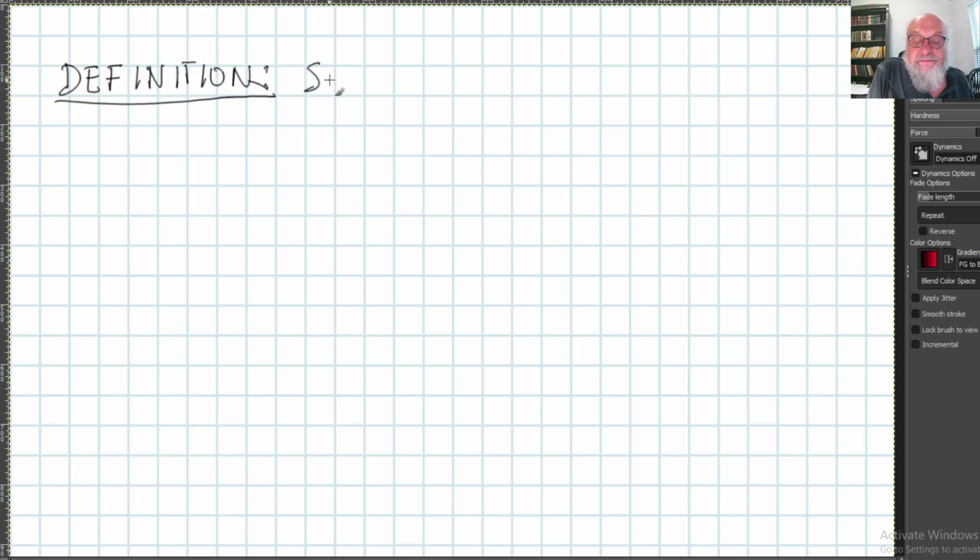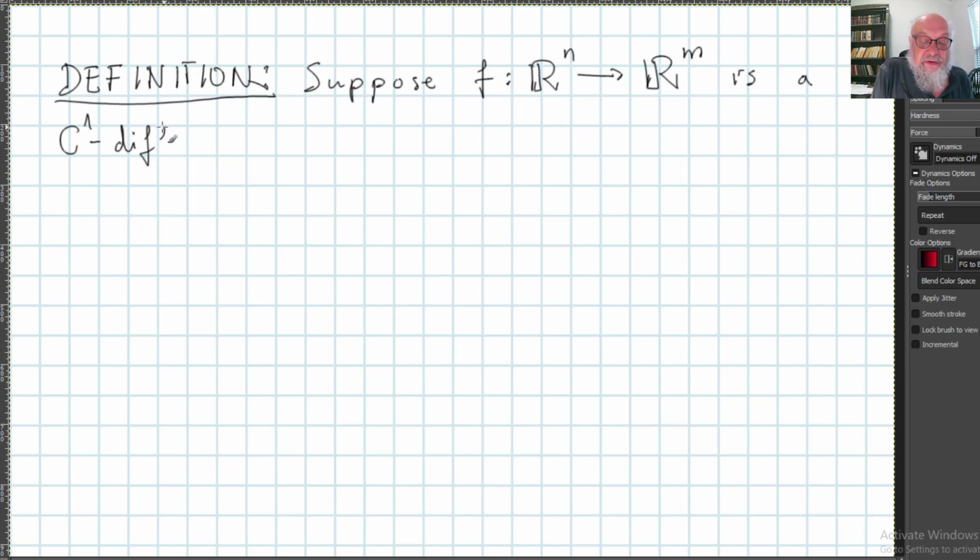So suppose f from Rn to Rm is a C1 differentiable map, and x naught belongs to Rn.